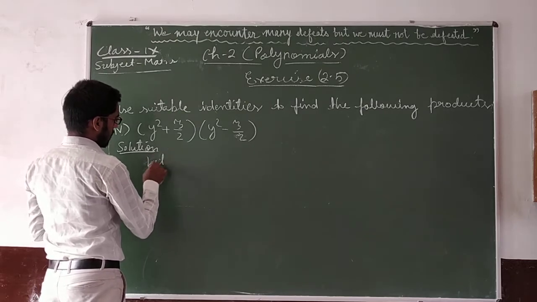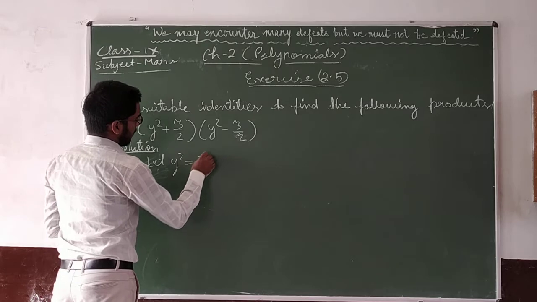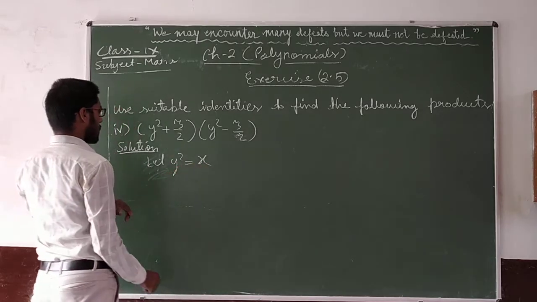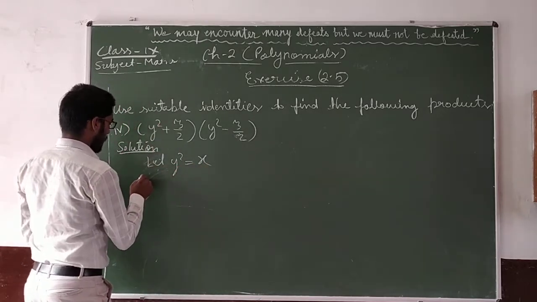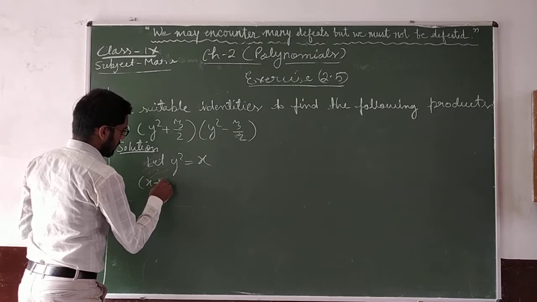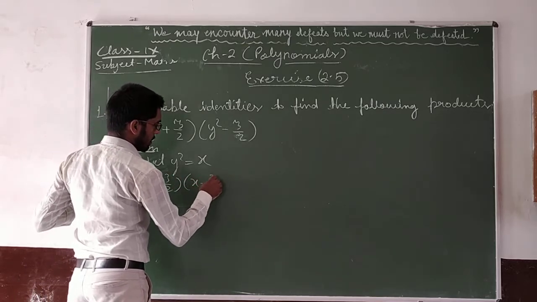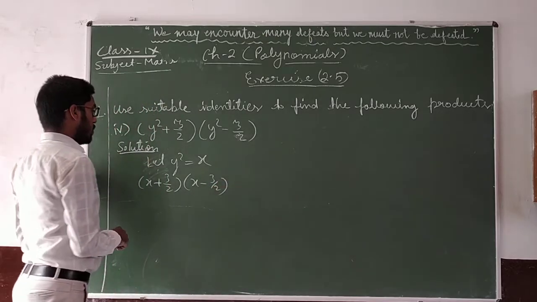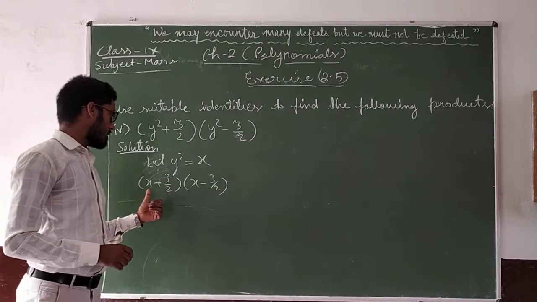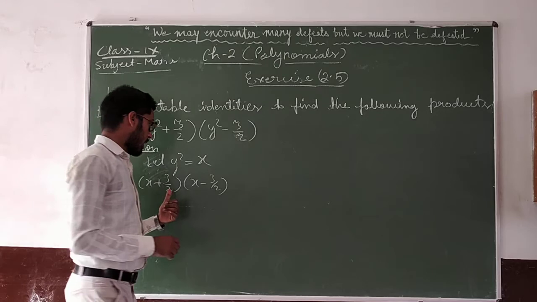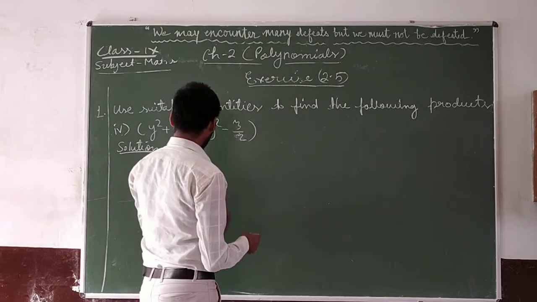let y square is x. Then you can write here x plus 3 by 2 and x minus 3 by 2 in another bracket. You can see it is written x plus y and x minus y.